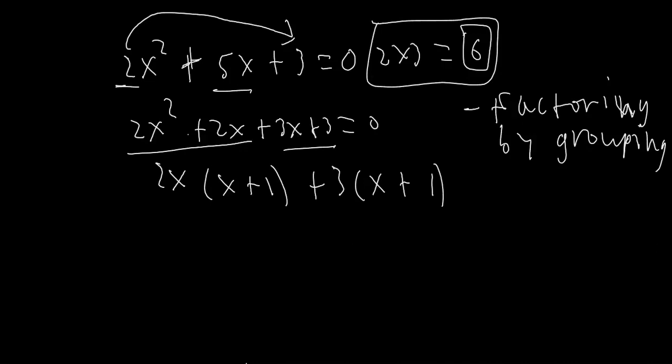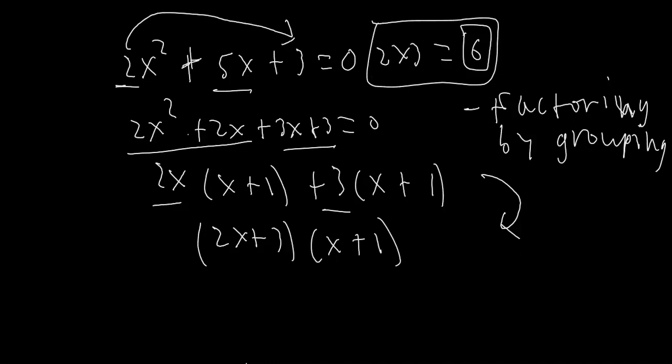Now, after we do this step, we take 2x, whatever's multiplying the quantity in the parentheses, and then the 3, whatever that is multiplying the quantity in the parentheses, and we rewrite this as 2x plus 3 times x plus 1.